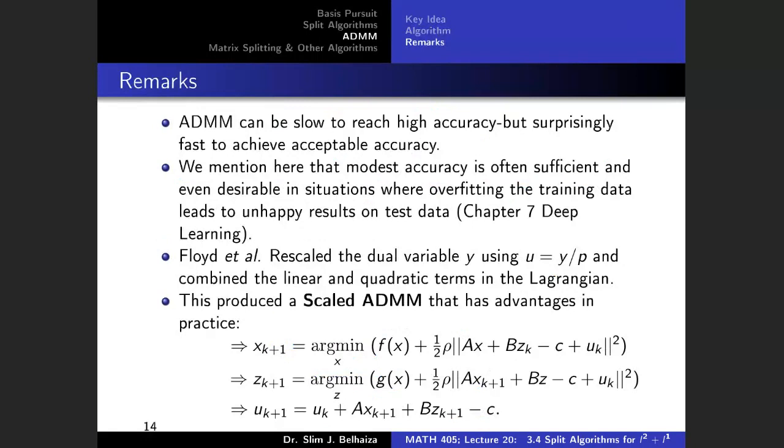So some remarks. Now, some remarks about the ADMM. In fact, it could be quite slow to reach a solution with high accuracy. But at the same time, it's surprisingly fast to achieve acceptable accuracy.